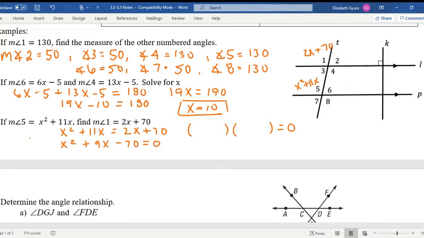But you're basically looking for numbers that multiply to be 70 and add or subtract to be 9. I like to start by just putting my x's in either set of parentheses, and then think about your numbers. What are maybe some numbers that could multiply to be 70 and add or subtract to be 9? Logan?